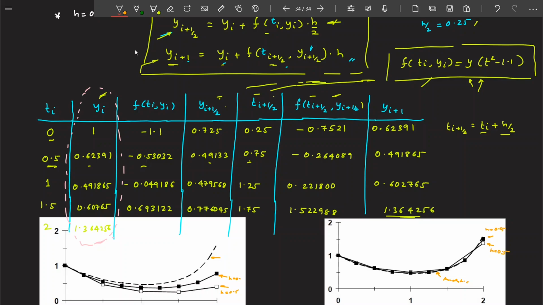So if you can see by midpoint method how improved a solution you're getting, which is very important for us to understand. So the solution that you're getting is now improved. So this is your midpoint or improved Euler's method.